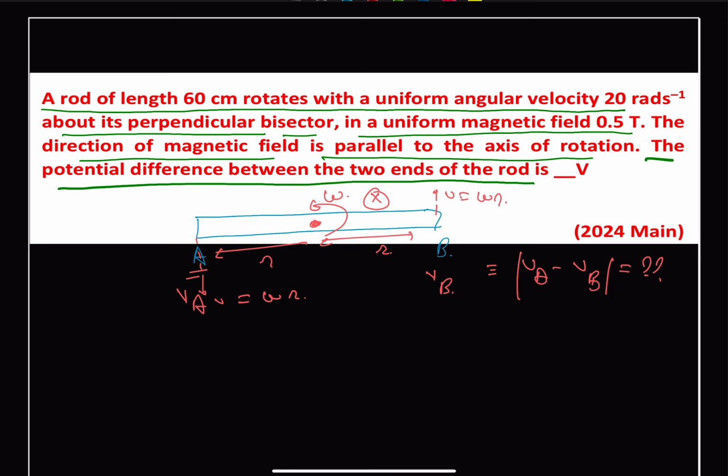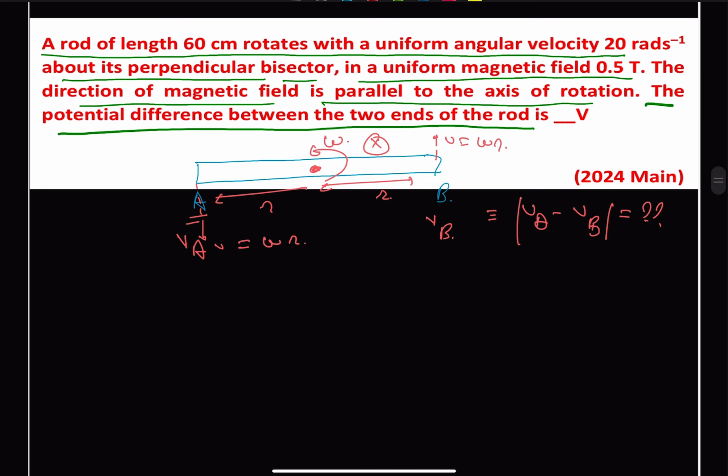And for the sake of convenience, let us say that our magnetic field B is given as B naught, and let us suppose that it is in our Z direction.